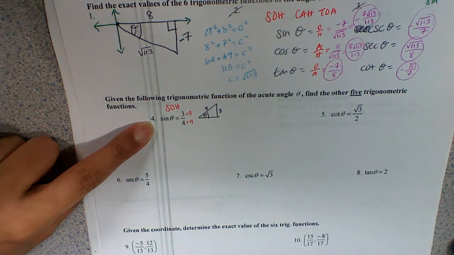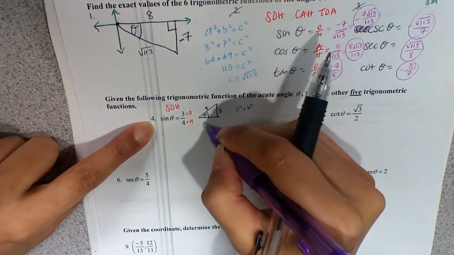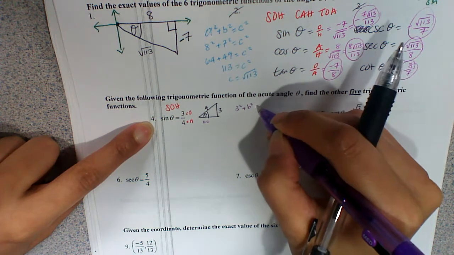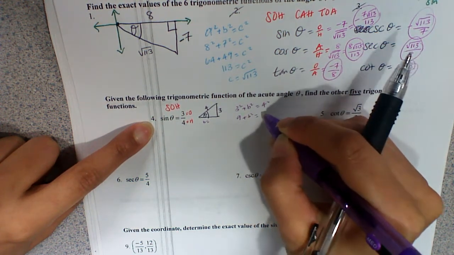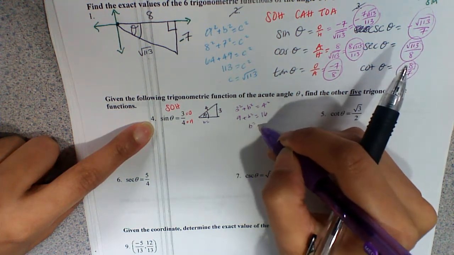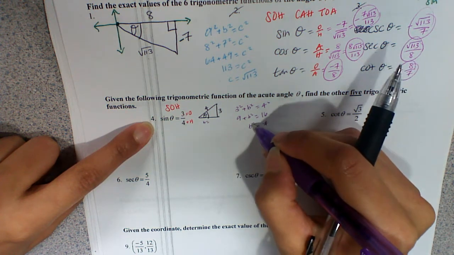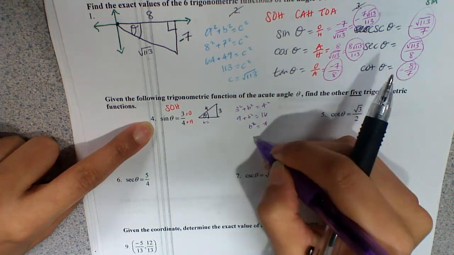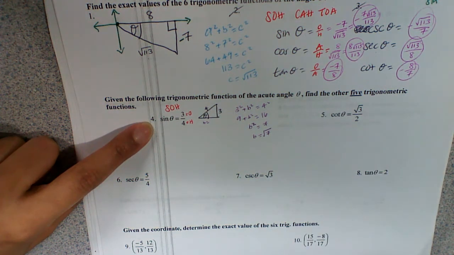And so I do need to use the Pythagorean theorem, so 3 squared plus b squared is what we're finding, equals 4 squared, so let's see, that's 9 plus b squared equals 16. B squared equals 7, and so b is going to be the square root of 7.